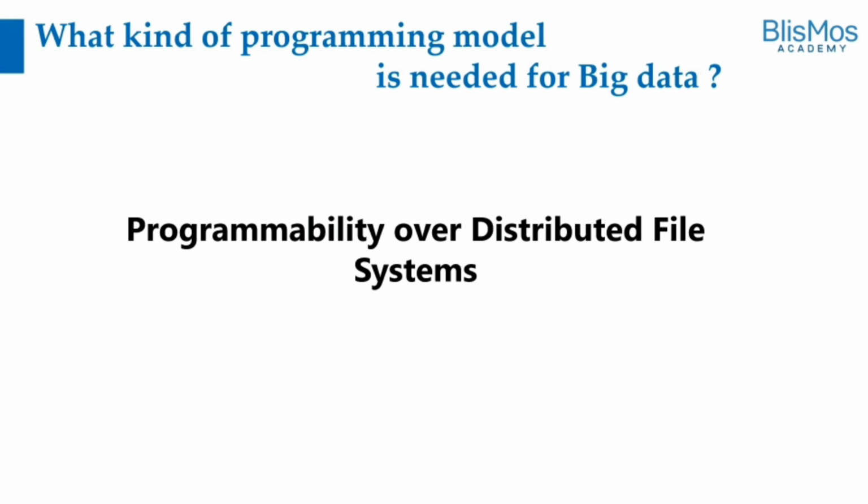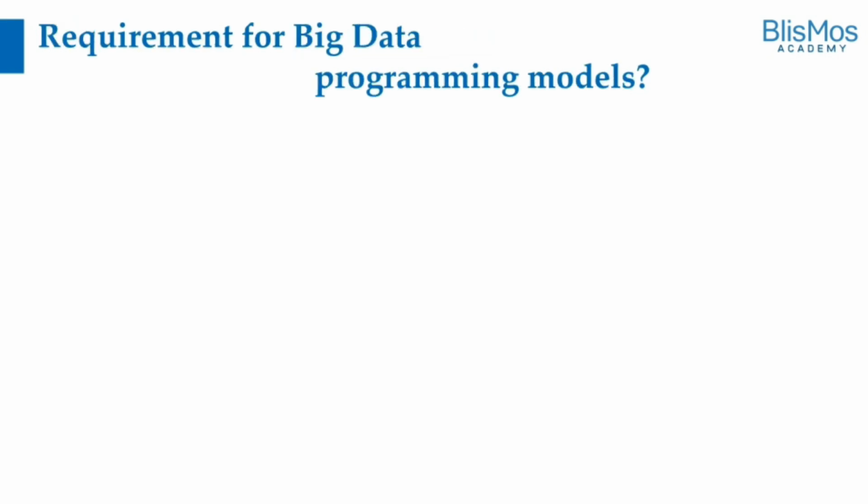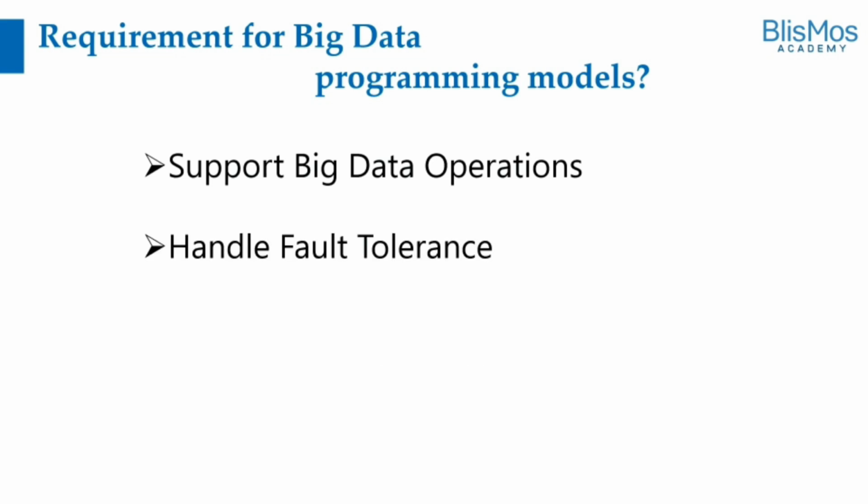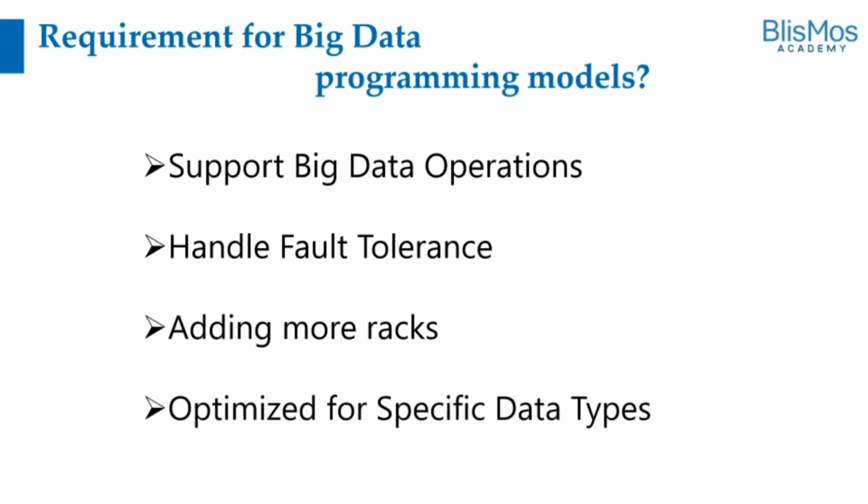Now, what are the requirements of big data programming models? I would say the programming model should support big data operations and should be able to handle fault tolerance. A big data programming model should allow us to add more racks, and it should be optimized for specific data types.